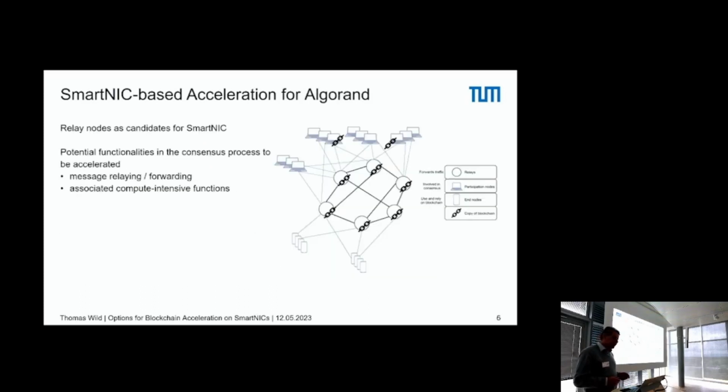Now we looked at Algorand especially, and we identified that the relay nodes would be good candidates for such an investigation, to see how SmartNICs can be employed favorably. We identified message relaying and forwarding as a major interesting functionality, and all the associated compute-intensive functions that are necessary for that, like authentication or calculating hashes, are related to that as a candidate.